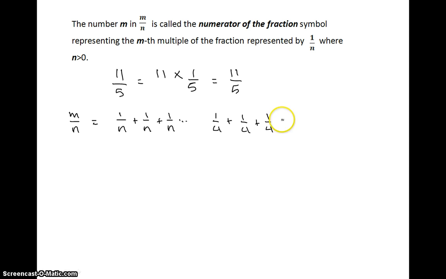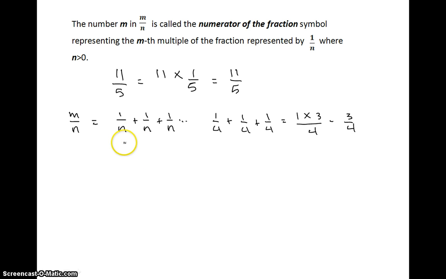Well, that's the same as saying 1/4 times 3, because remember, repeated addition is the same as multiplication, which is 3/4. So that's where the concatenation comes in. If we're adding these all together, and if you go back to that number line at the beginning, that's what we did. We put them all together, added them all up, and this gives us our multiple.